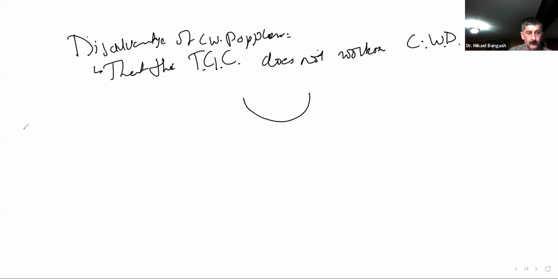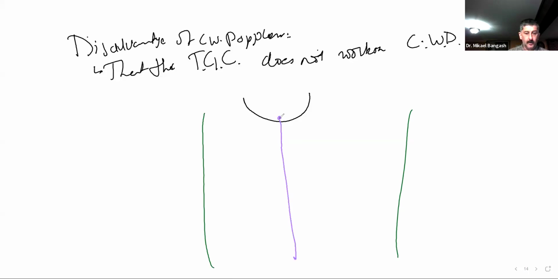Okay. Now let's just say this is our transducer. We can say, yes, this is our image. Did you guys get that? Okay. And what we just had was our continuous wave Doppler that goes here.